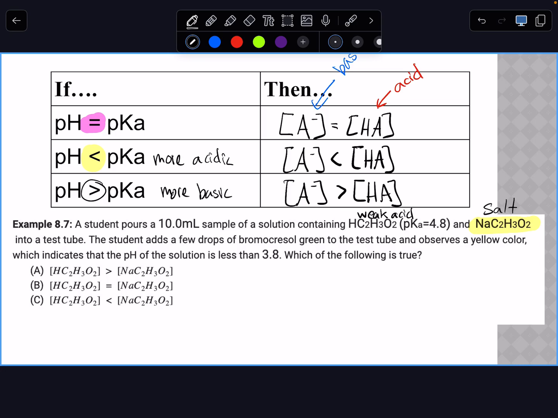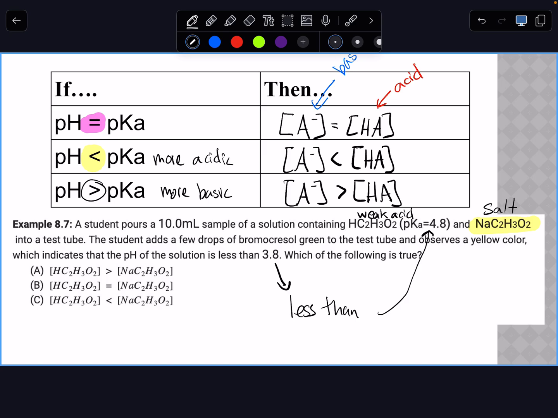It then tells us we add a few drops of this indicator and observe a yellow color, which indicates that the pH of the solution is less than 3.8. And we are trying to say which of the following is true in the beaker. So the first thing I'd recognize here is, is the pH less than or greater than the pKa? Yeah, this is less than the pKa value.